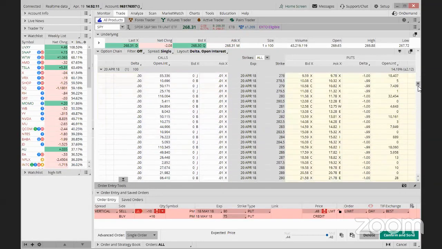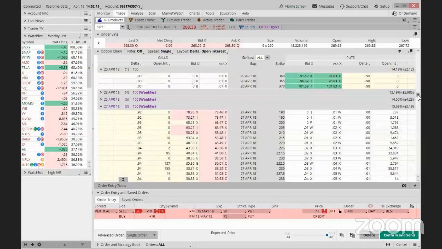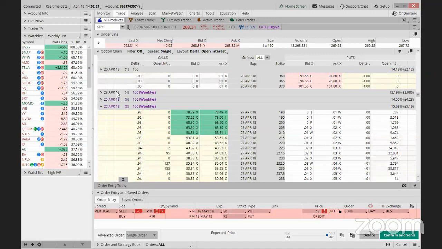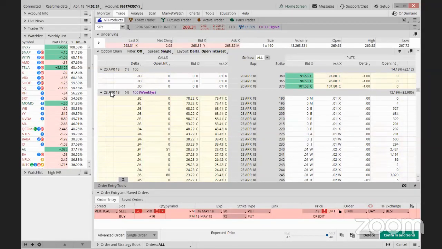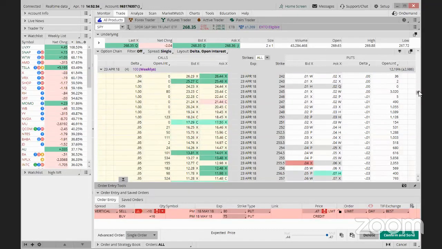And once we get a more bullish turn, maybe on the hourly, then we can go out further in price here. So we can do, this one is Monday. The further out in time you go, I like going further out of the money to give me a bigger cushion.